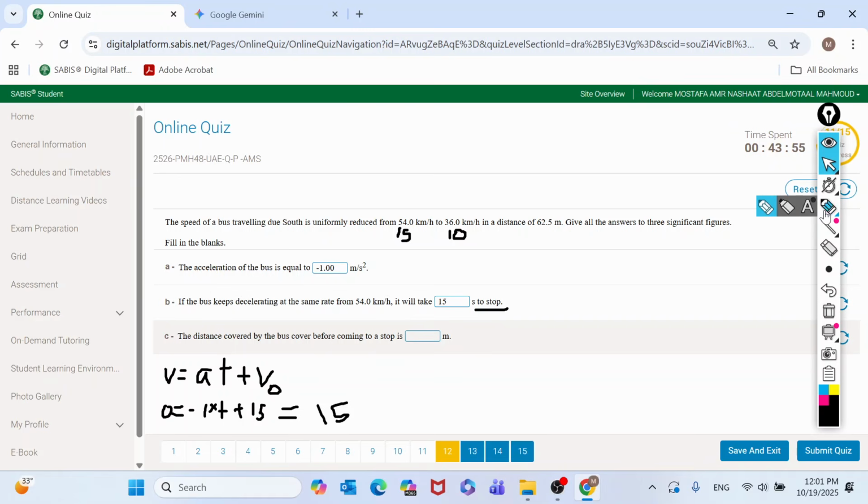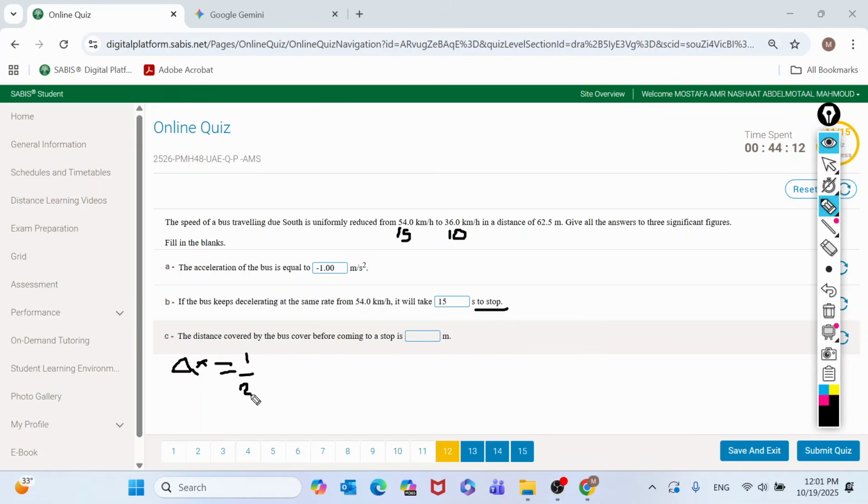Okay, so now let me just erase this so we have space. Now we're gonna use delta x equals 1 over 2 A T squared plus V0 T.